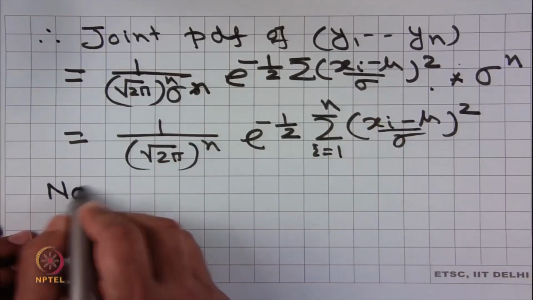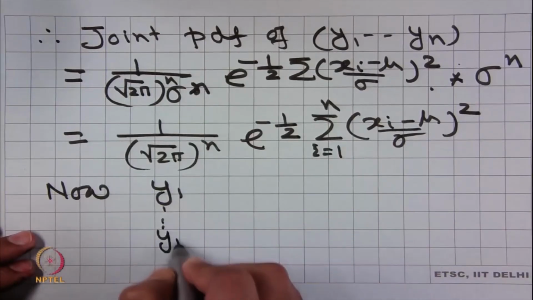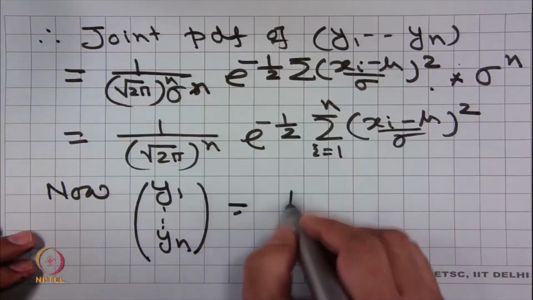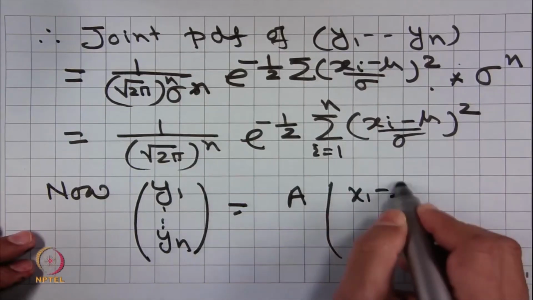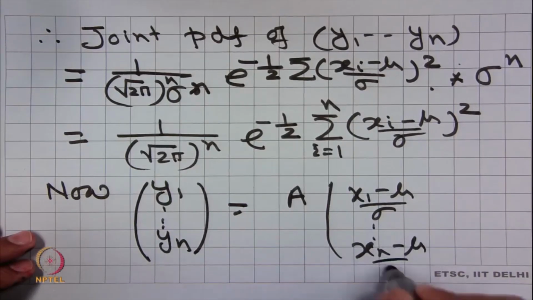Now, y1, y2, yn is equal to A times (x1 minus mu) upon sigma up to (xn minus mu) upon sigma.